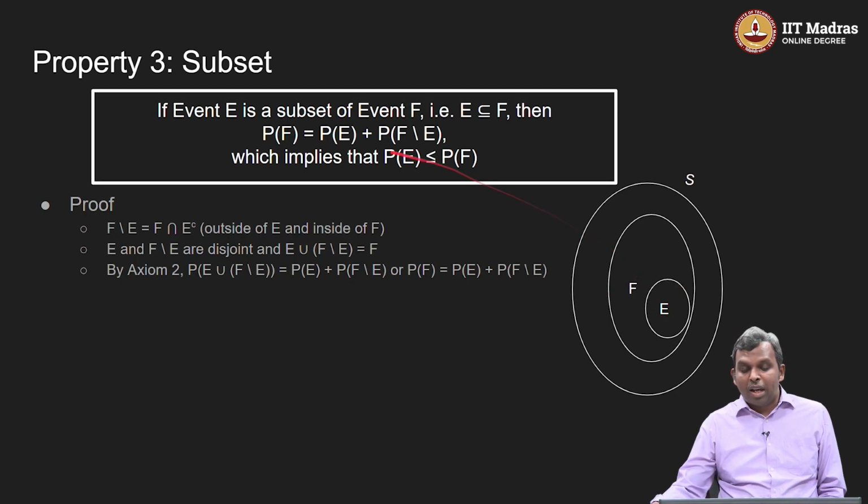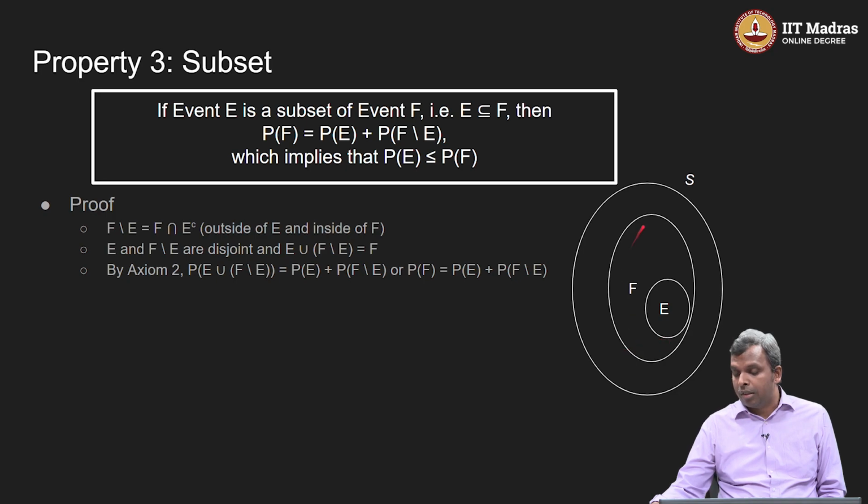If you have something like this, one can define something called F minus E. You might have seen this before in set theory; if not, let me define it. F minus E is basically the elements of F which are not in E. Looking at this picture, what is F minus E?